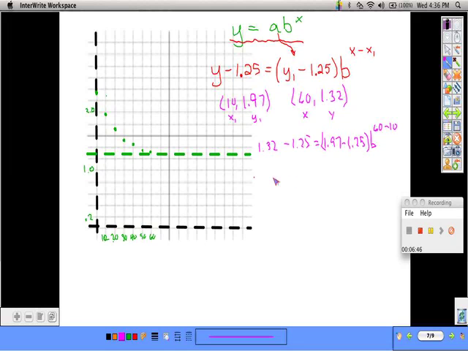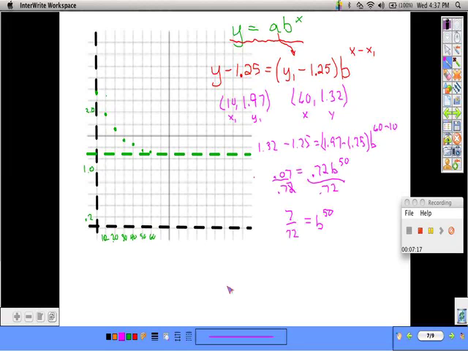And then I just have to solve for b. 0.07 equals 0.72 b to the 50. Divide by 0.72. b to the 50th. And I plug this into my calculator and then change it into a fraction. It's actually 7 over 72. You could write a decimal if you wanted.